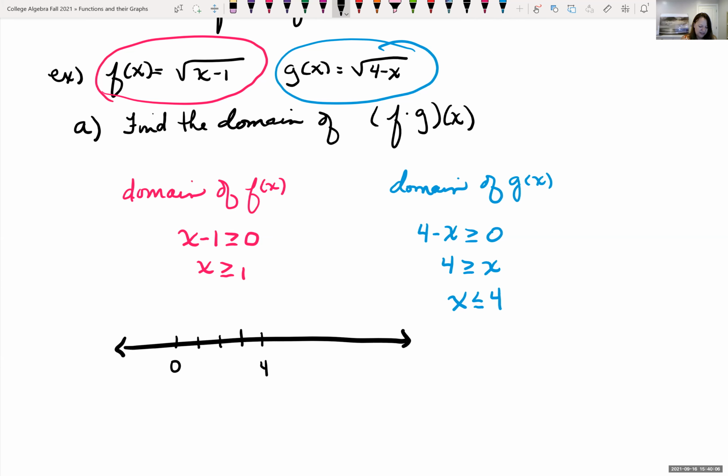So we have this one that x is greater than or equal to 1. And that would be everything that is equal to 1 and to the right. And then we have everything less than or equal to 4. So we have x equals 4 and everything to the left.